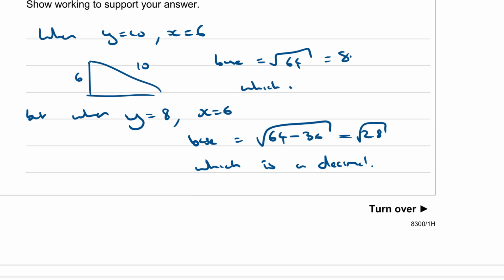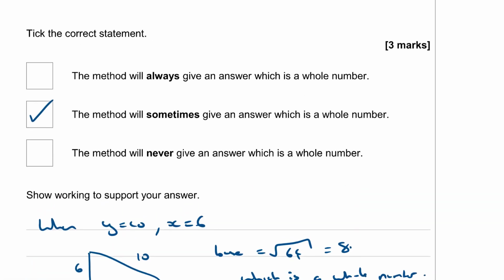And that is a whole number. So just giving an example of where it does happen and where it doesn't happen is enough supporting method to highlight that middle statement there.